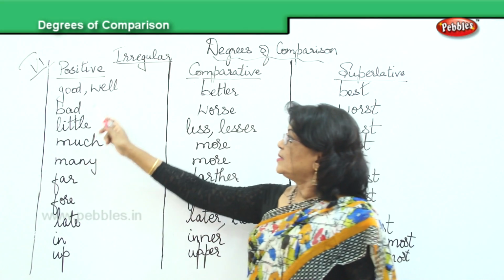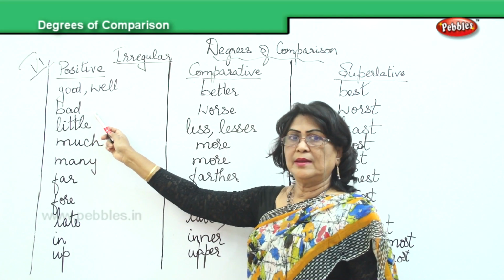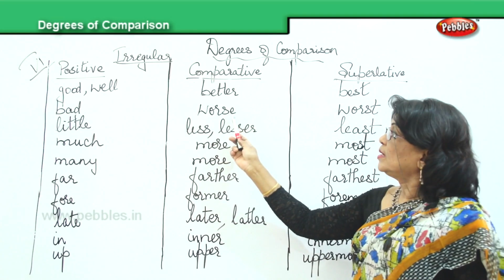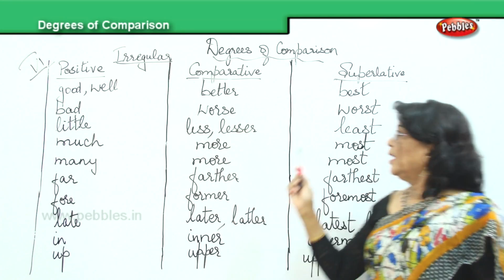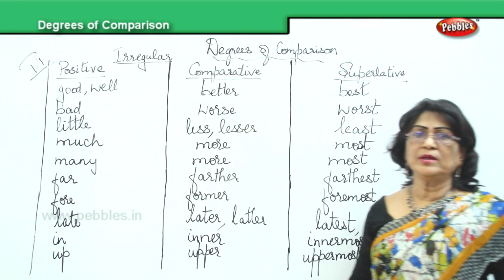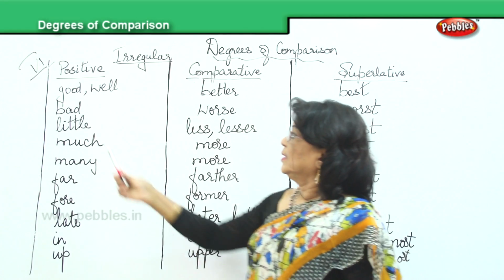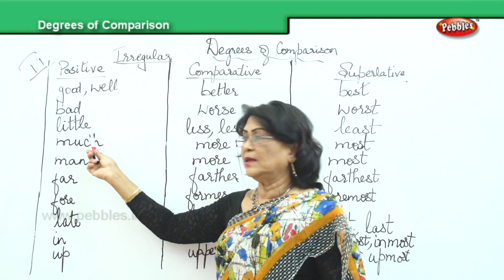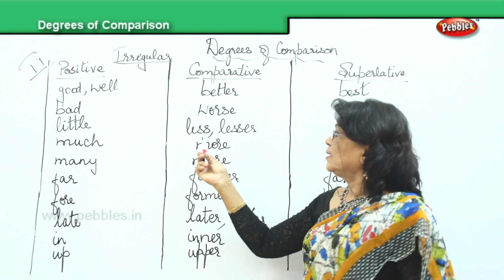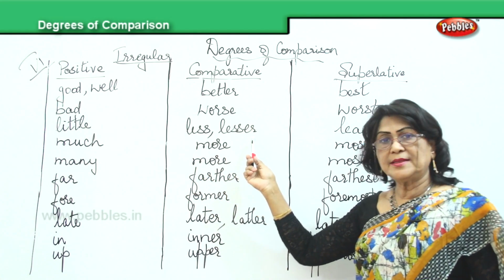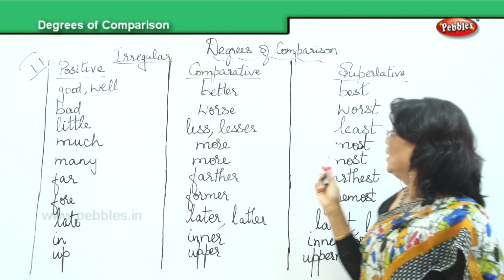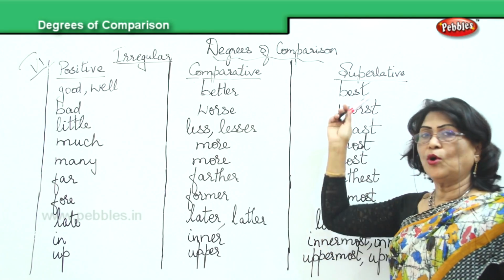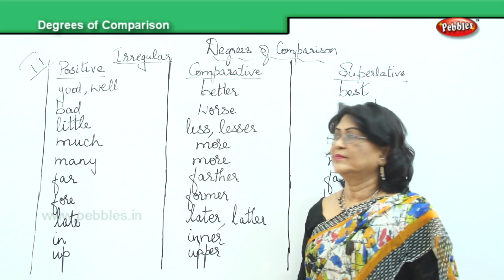Next word, bad. Bad takes worse for comparative and worst for superlative. Next one, the adjective called little. Little becomes less or lesser for comparative and least for superlative.